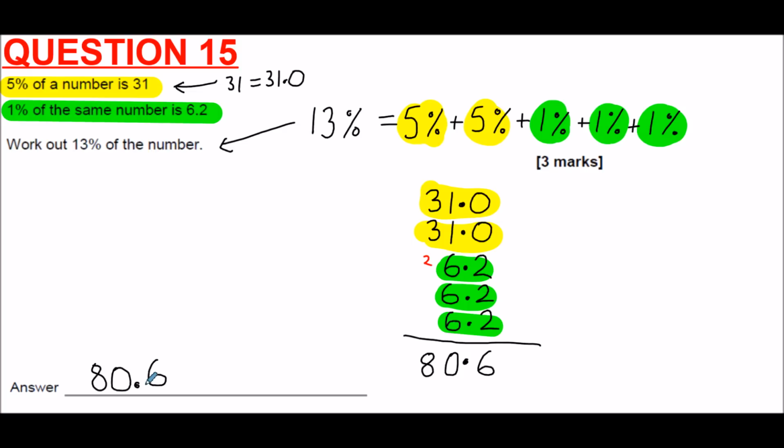I'll show you another way just for the hell of it. 13%, you can think of that as being 1% 13 times. And so if we know what 1% is, which is 6.2, we could just do 6.2 multiplied by 13.